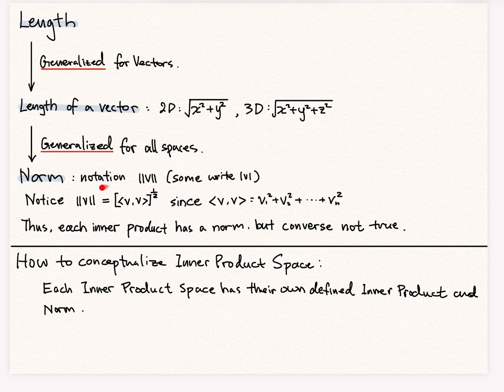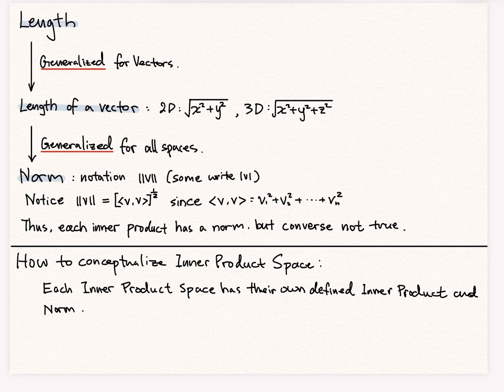Because the definition for norm includes inner product, we know that each inner product has a norm. So when you define any inner product, weighted or not, or otherwise, there arises a norm with it. But the converse is not true. There are norms out there that are defined without a proper definition of an inner product.